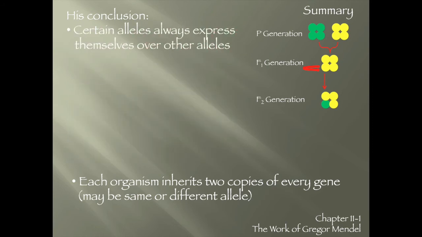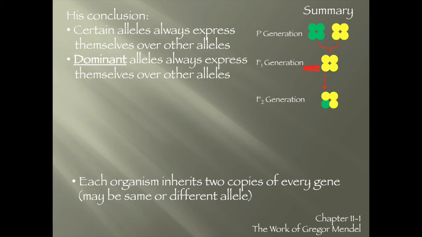Certain alleles will tend to always express themselves if inherited with the other allele. And he called those the dominant alleles, meaning that if you inherited that dominant allele and another allele, the dominant one is what's going to express itself. In this case, yellow is dominant because these guys here inherited a green and a yellow, and the yellow is dominant, so it hides the green, what we call the recessive.